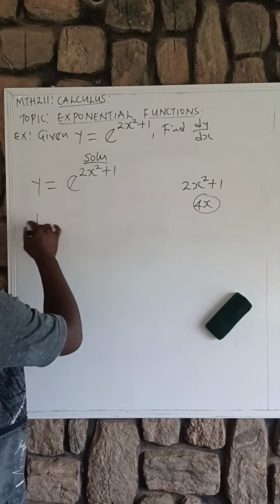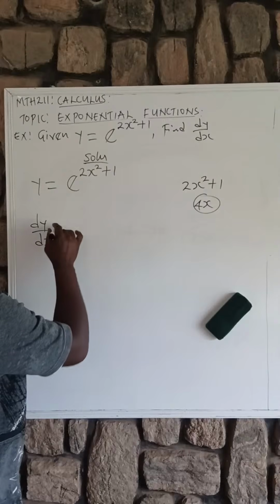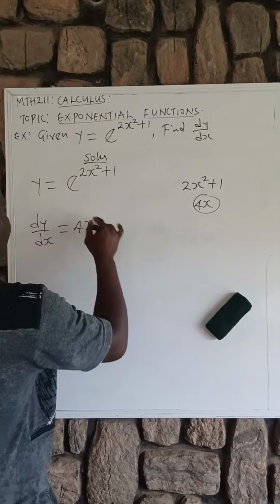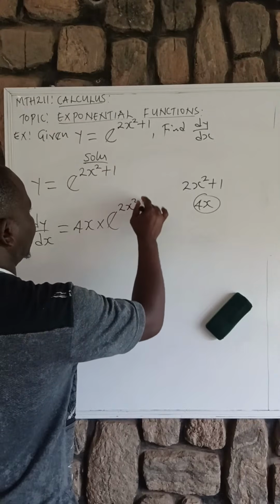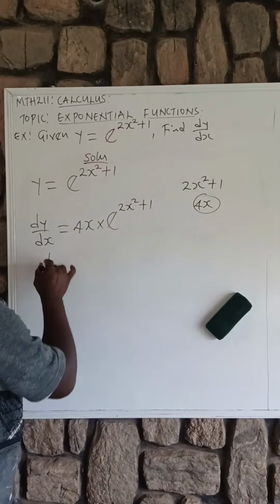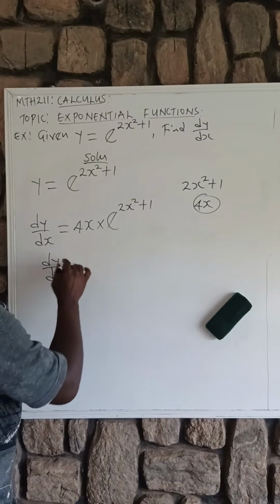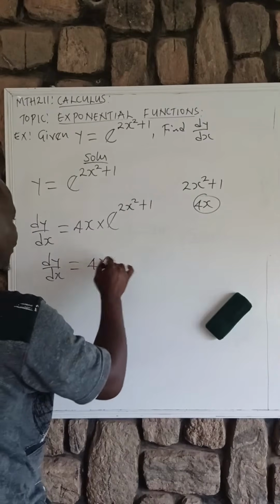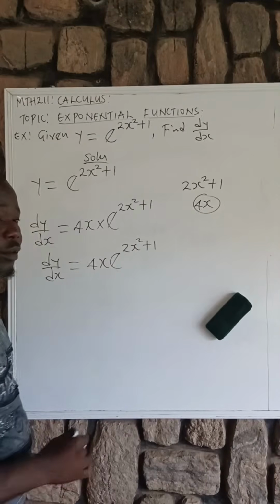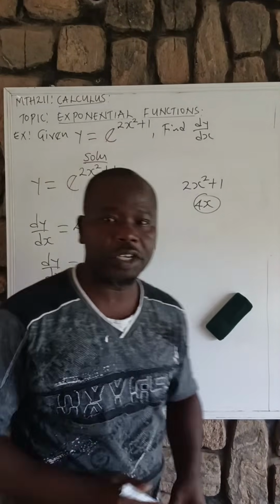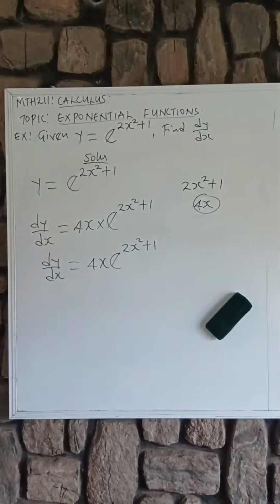So you are going to have dy over dx is equal to 4x times exponential 2x squared plus 1. Then the final answer will be dy over dx is equal to 4x exponential 2x squared plus 1. Yeah. Any question, please?